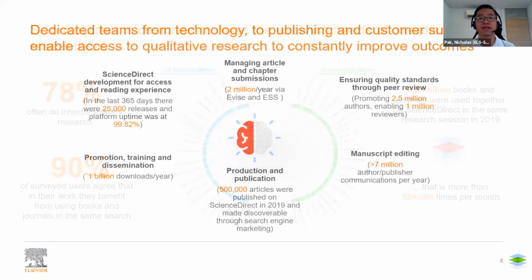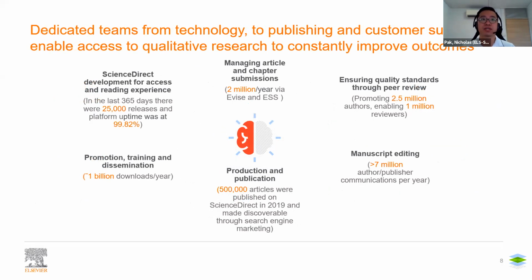Before we go on further, I think it's interesting to talk about the scholarly cycle. Every year we get about 2.5 million article submissions. And that is a lot, right? As a publisher at Elsevier, we have to constantly manage the entire article and chapter submissions.